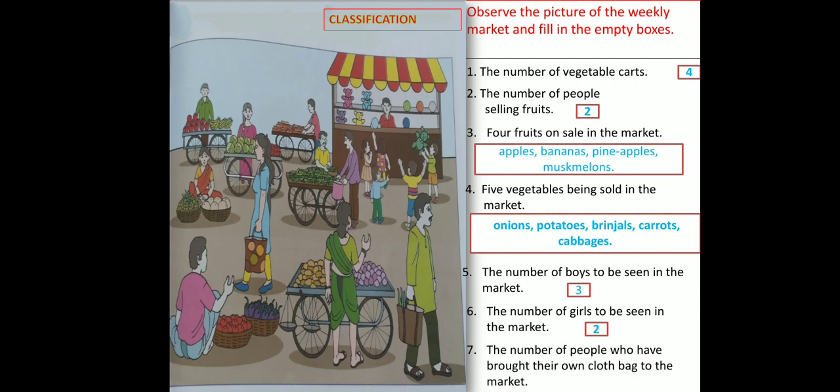Name the number of people who have brought their own cloth bag to the market. Now, children, as you know, plastic is not healthy for us, so we should not be using plastic bags. We are always told and reminded to use cloth bags. So here you can see how many of them have carried cloth bags.